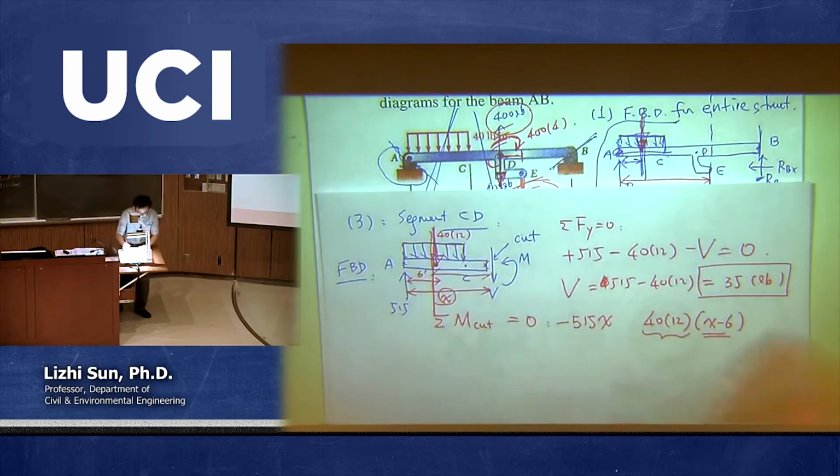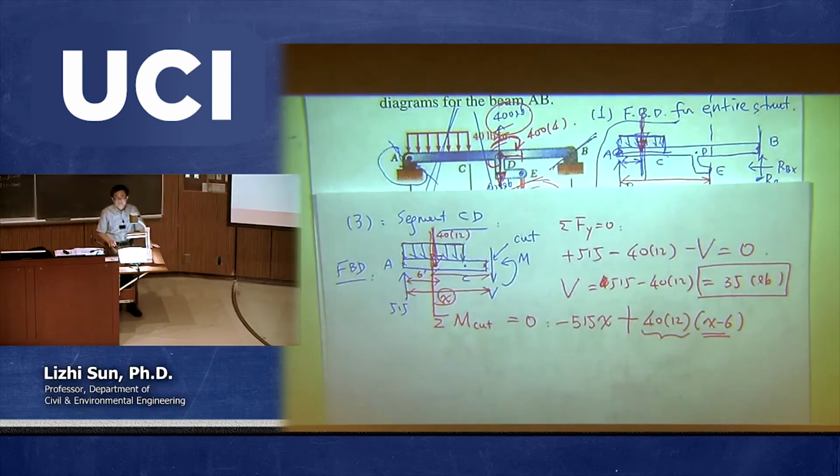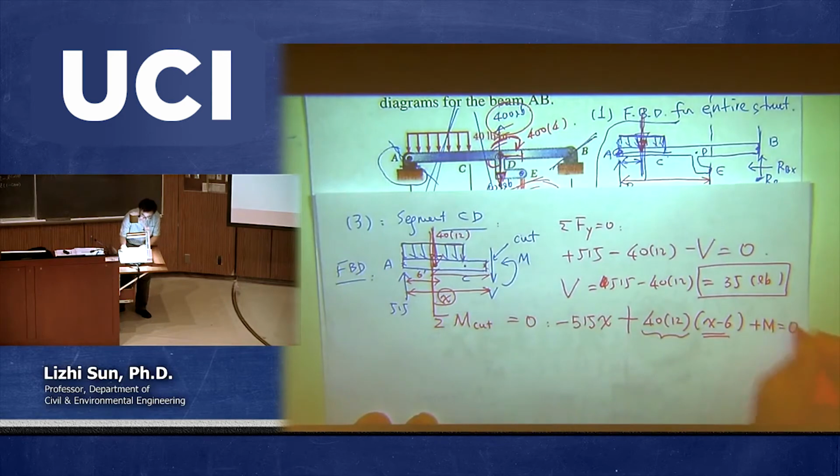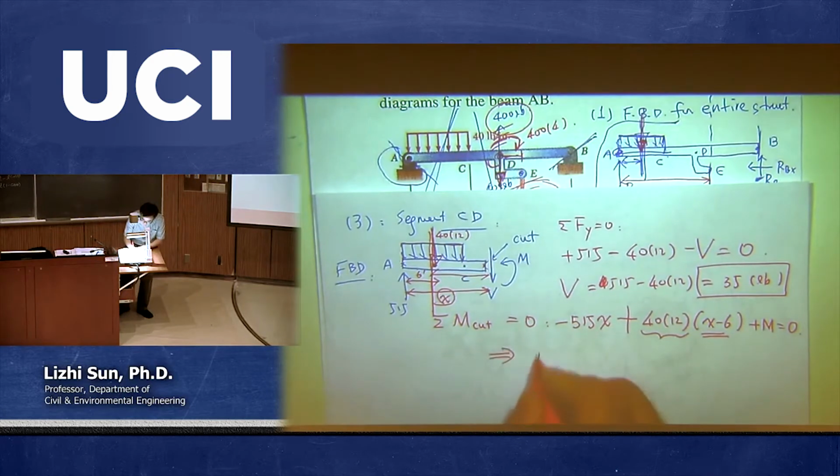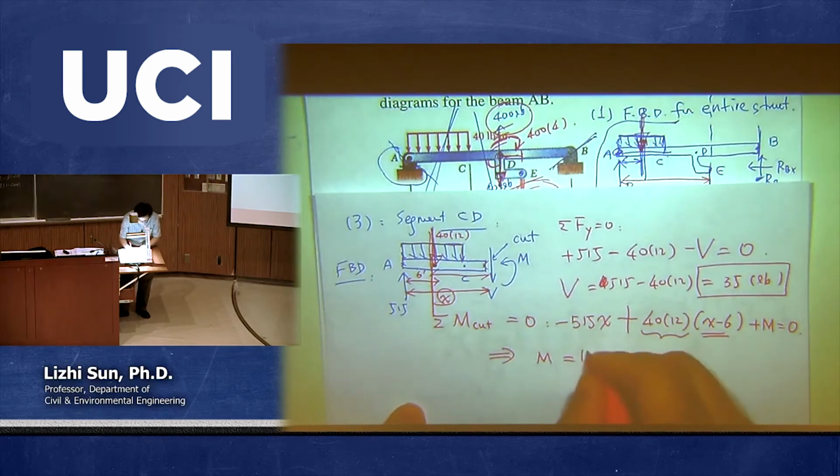And this one is counterclockwise. So then it's positive. Okay? And you have a moment plus M equal to 0. So that is the moment equation, allowing us to get the moment. So that should be, put everything to the right hand side, M equals 515x minus 480(x minus 6).